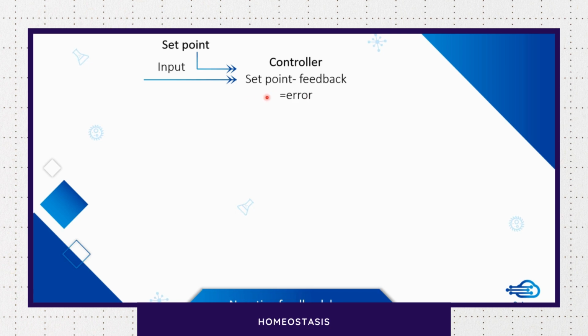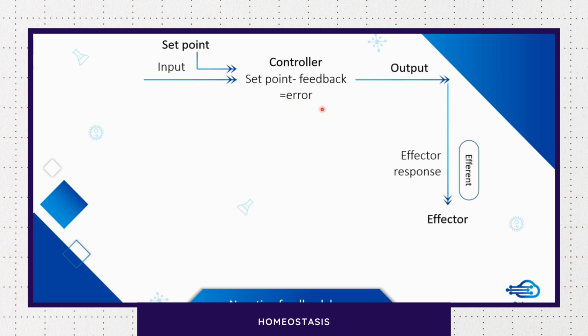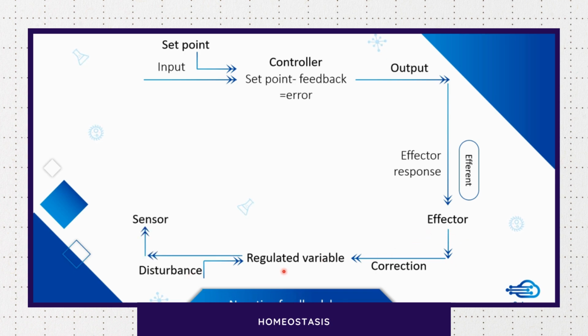So, set point or reference value minus the input which it has received generates an error signal, which is important for the output to the effectors, which bring about the correction, that is the change in the variable which is being regulated. This variable is affected by two things: one is external disturbance and the other is the effector response, and again this is continuously being sensed by the sensor and it is giving the signal to the controller.